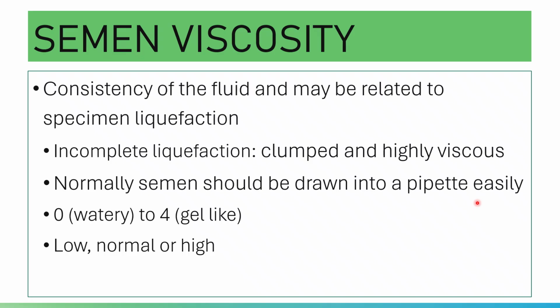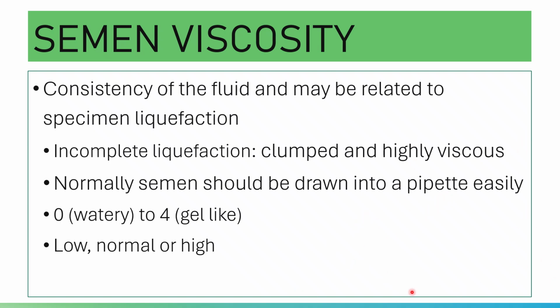If droplets form threads longer than 2 centimeters, they are considered highly viscous and are recorded as abnormal.